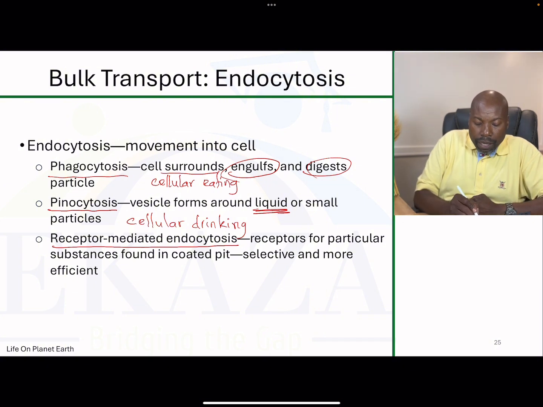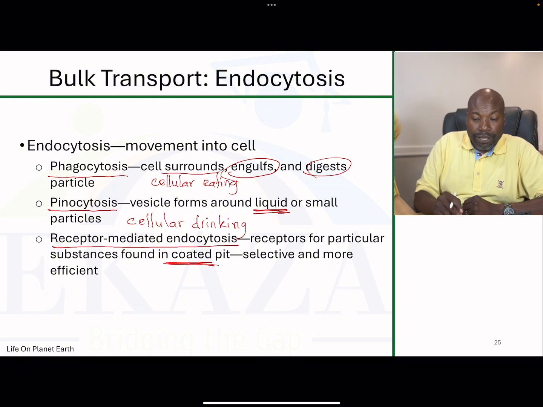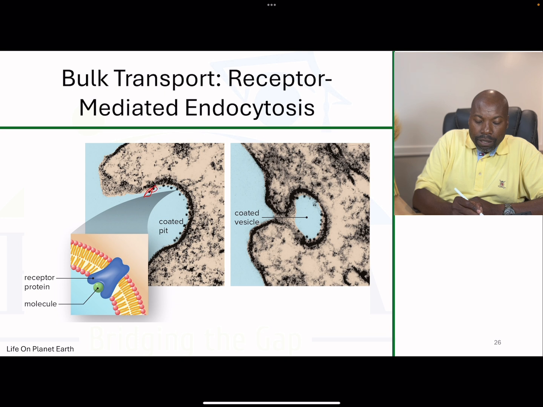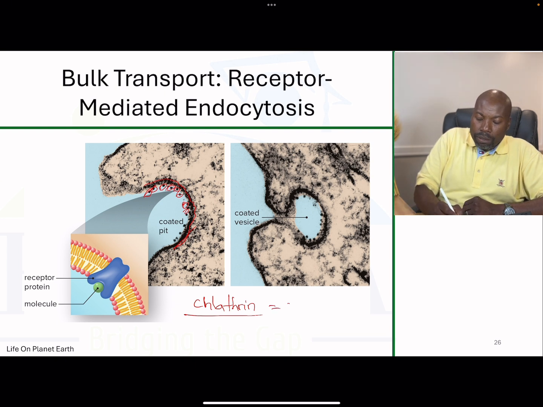So we have that vesicle that forms, and that vesicle is going to have some proteins attached to it. So you can see here the cargo molecules that are attached to receptors, and you have the coat here. That's a coat of clathrin. Let me spell that. Clathrin. Okay. Did I spell it right?